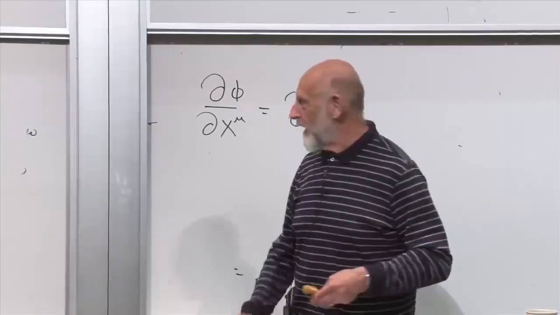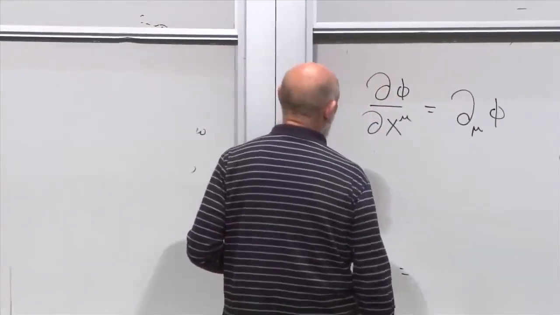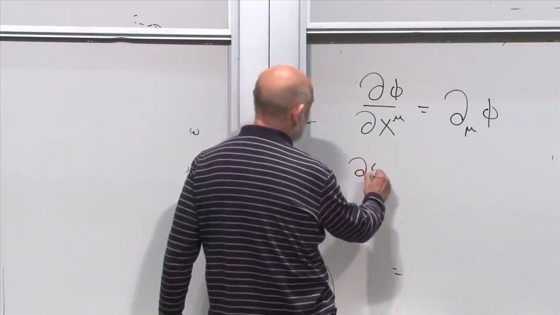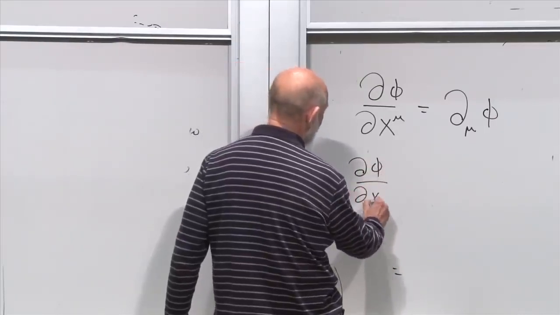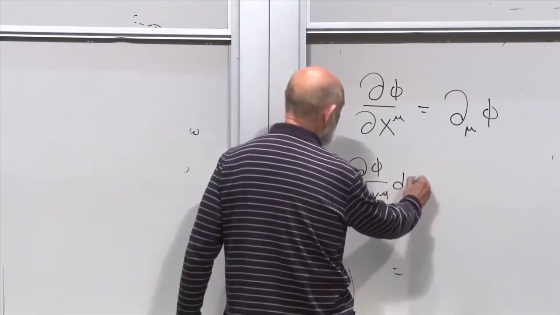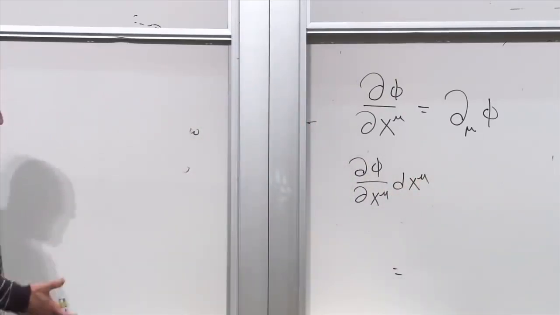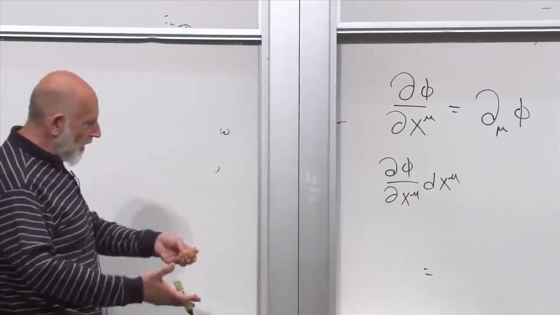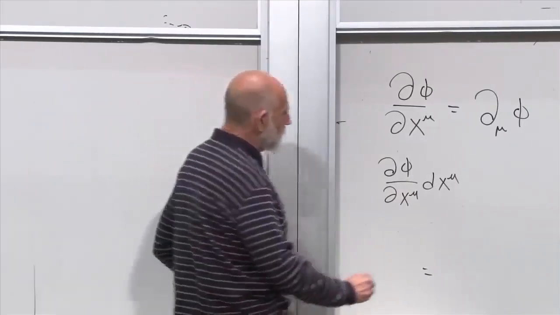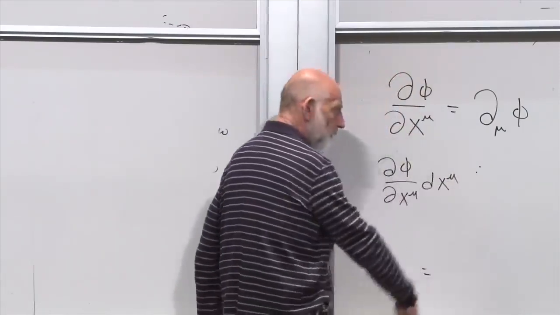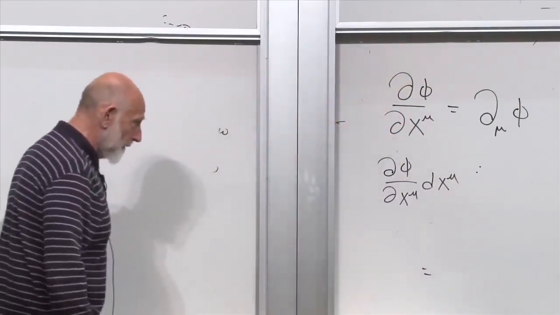Why, indeed. All right, so last time I explained why, and I explained why if you take d phi by dx mu and you multiply it by dx mu, what is that? That's derivative of phi with respect to time, times d time, and so forth and so on. This is just the change in phi as you go from one point to another by differential displacement dx.